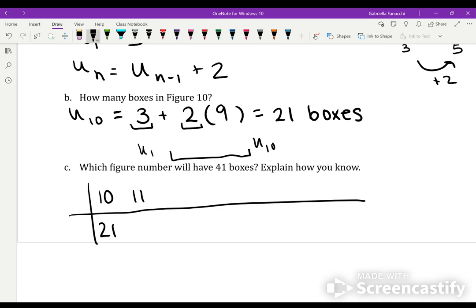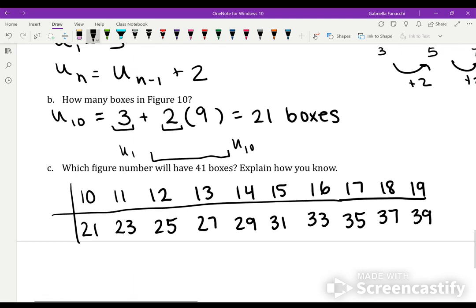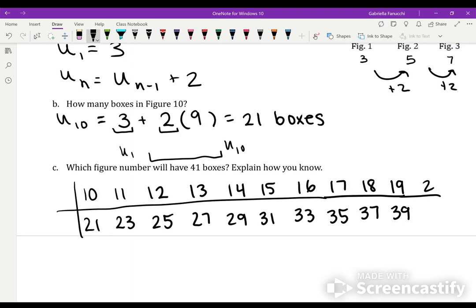So 23, 25, 27, 29, 31, 33, 35, 37, 39, and 41.